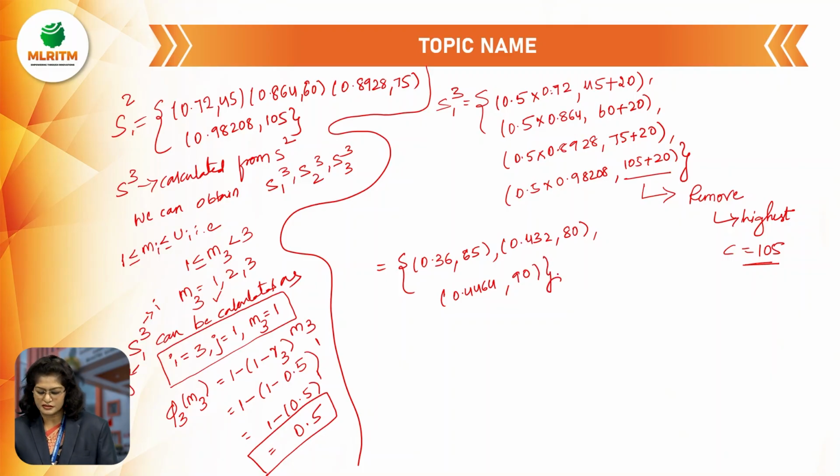We have removed this one. So 65 we have, 80 we have, and 90 we have, all in the normal procedure. If it exceeds, we can write our highest value. So this is the concept. Now S23 is calculated.